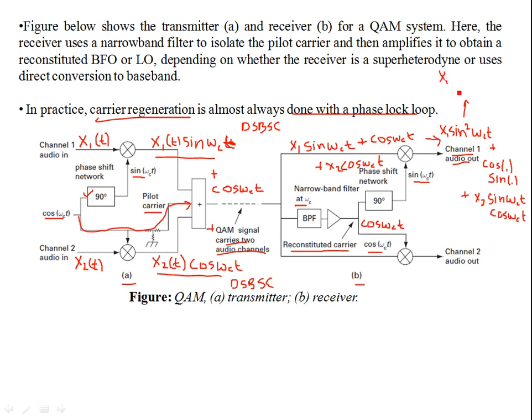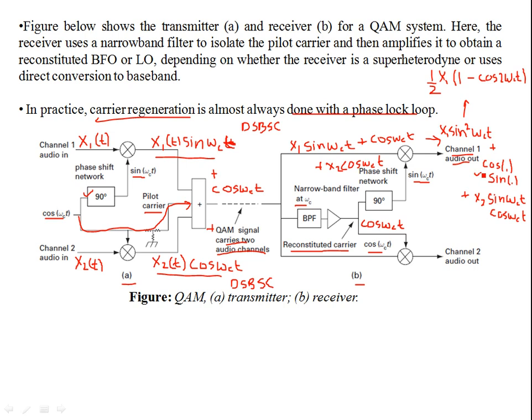Cosine 2 theta is 1 minus 2 sine square theta. So this can be written as 1 minus cosine 2 omega ct, and then the whole thing divided by 2. There is a factor of 1 over 2 that shows up over here. So we have a DC term and a high frequency term over here.